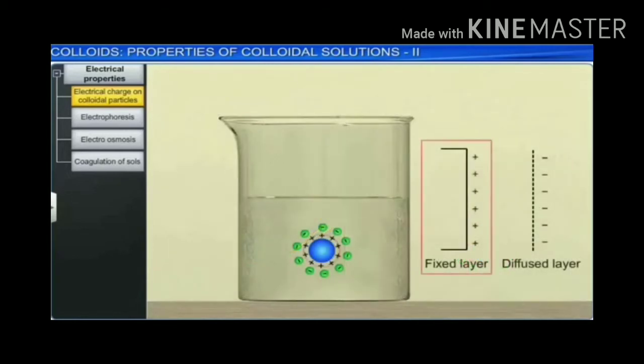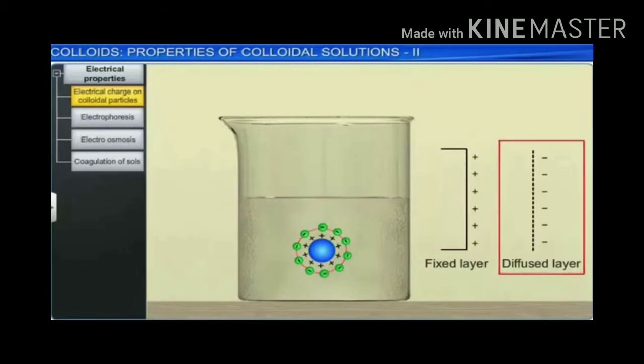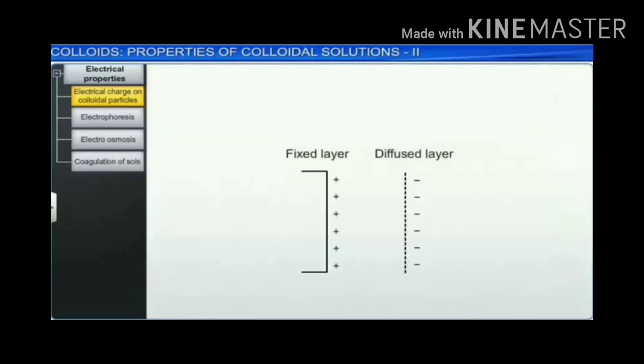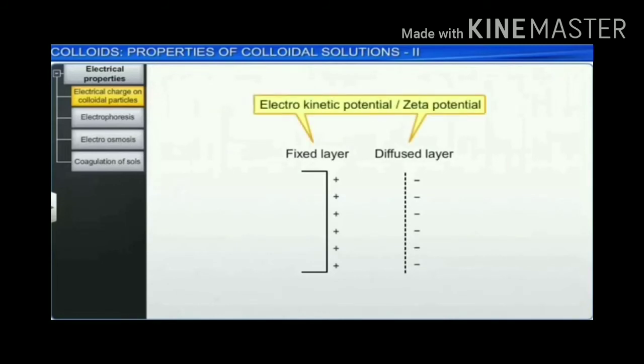The first layer is firmly held and is called the fixed layer, while the second or outer layer is mobile and is termed the diffused layer. The presence of opposite charges on the fixed and diffused layers of the double layer results in a difference in potential. This potential is called electrokinetic potential or zeta potential.